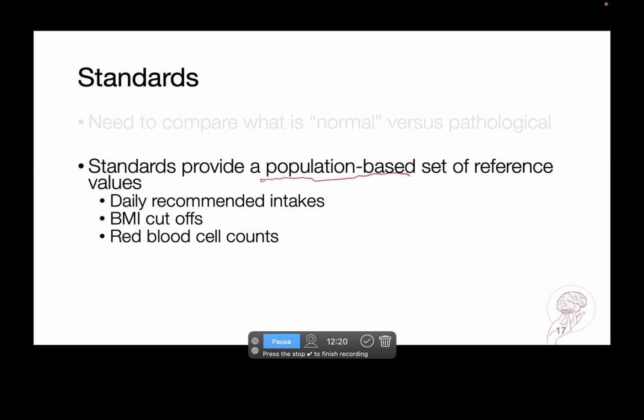So these are standards that work best for the entire population, not necessarily an individual. Now this gets tricky because very rarely are we assessing a population. We're usually interacting with an individual.